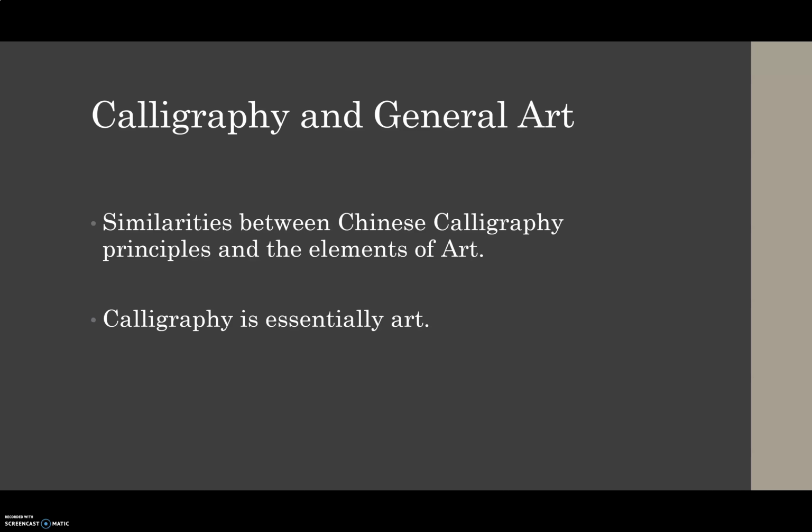It's not very surprising that space is treated similarly. It's rooted in Chinese painting, similarly to calligraphy. So that's always kind of interesting. I think the similarity between calligraphy and broader art in general drives home the point that calligraphy is another art form.